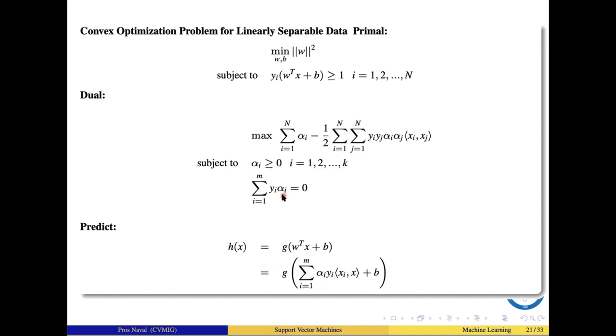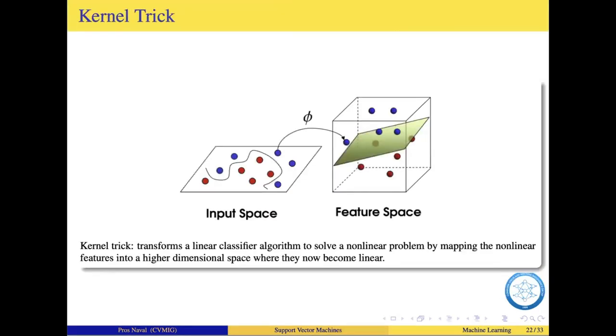So we now have a linear classifier that is based on sound mathematical principles that will give us the optimal separating hyperplane. But wait, you'll say, my problem is not really linear.